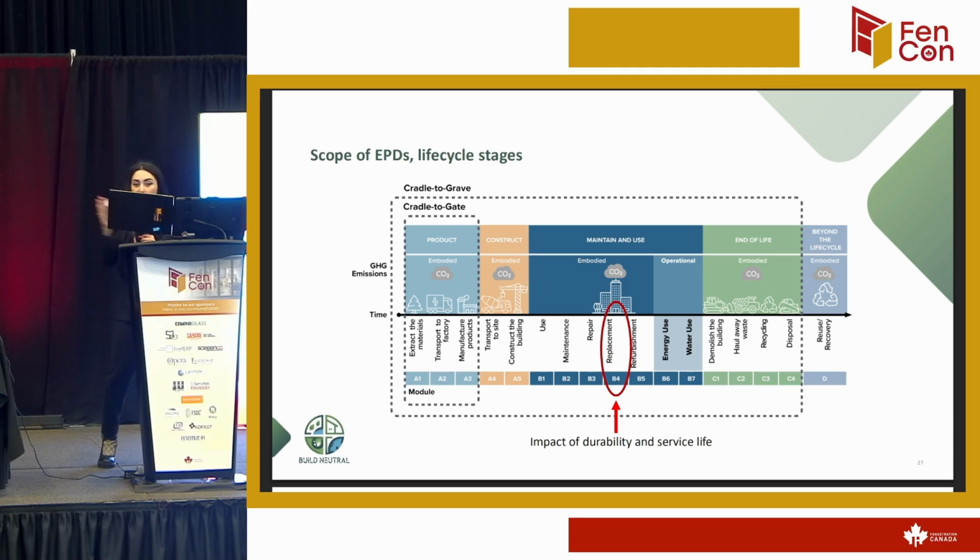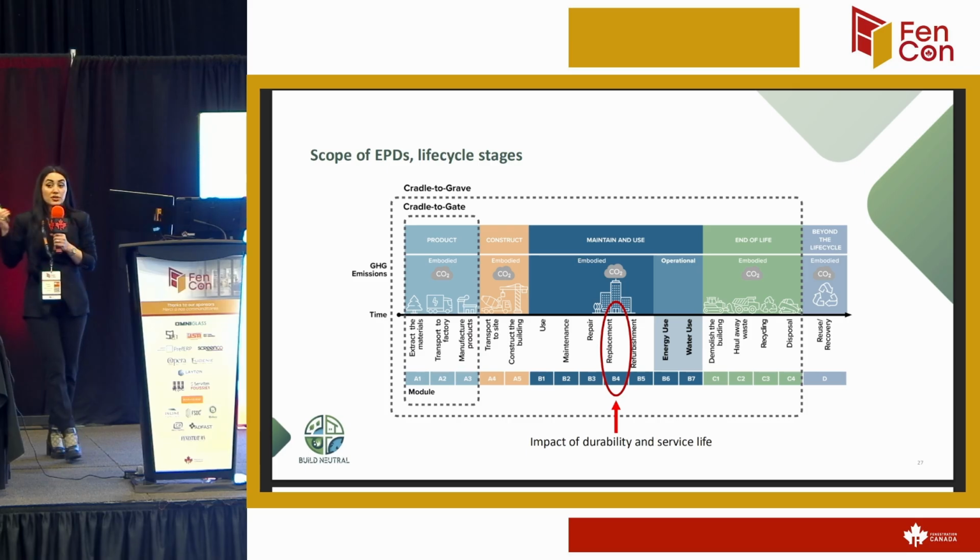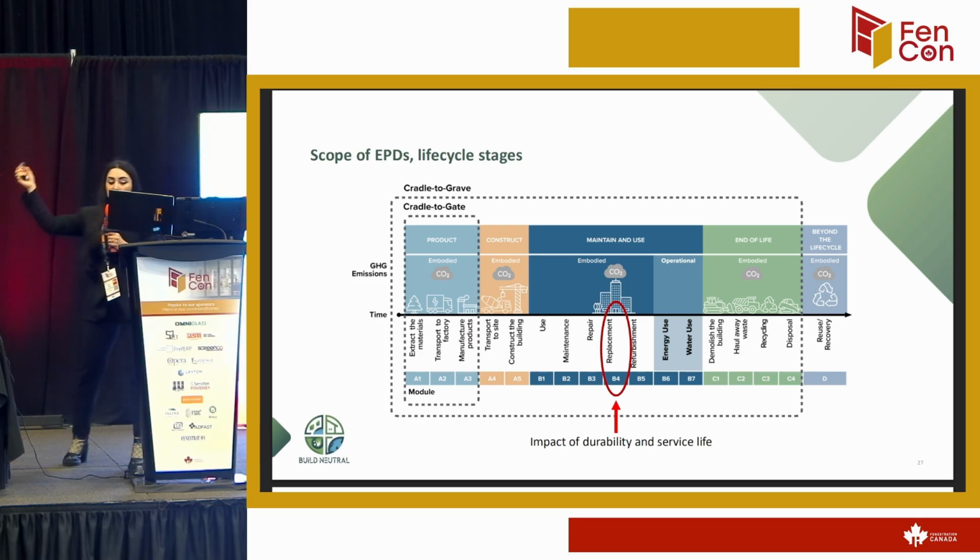So the dark blue one in the middle, B1 to B7, is the maintenance and use stage, for the time that the PCR allows us to do cradle to grave. So if it's cradle to gate, we are stopping in the first light blue, A1 to A3, right?